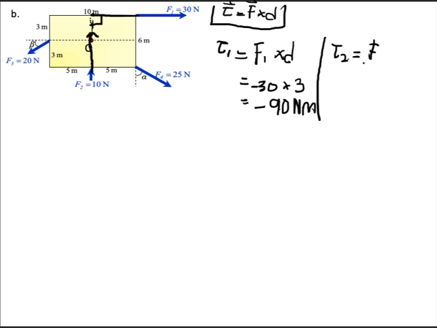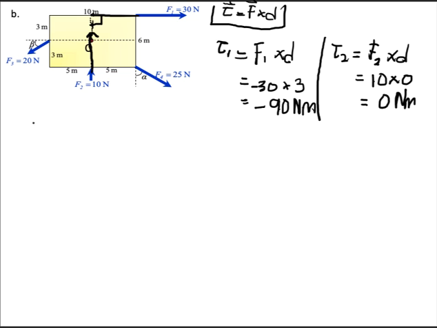Torque 2 equals F2 cross D. So F2 is 10, and there is no distance from the axis of rotation because it touches point O. So it will be times 0. No need to find direction because the magnitude of torque 2 is 0 Newton meter.